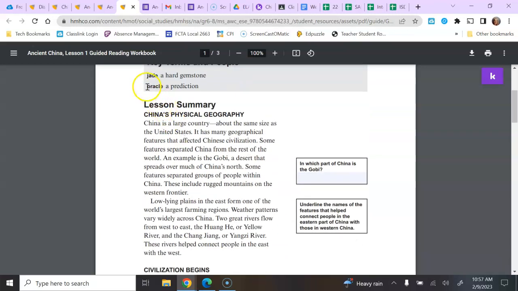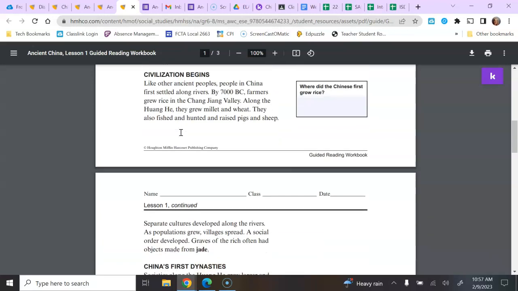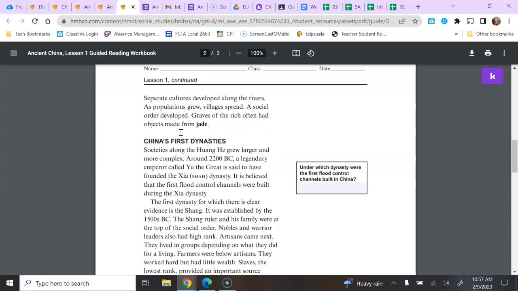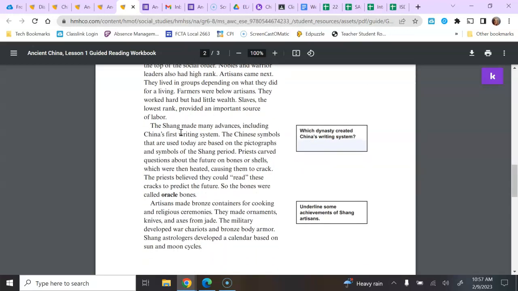And let's see, so there's Oracle. Let's see if we can find the Oracle bones. Here we go. So I believe this would be page 72 in your workbook. The Shang made many advances, including China's first writing system. The Chinese symbols that are used today are based on the pictographs and symbols of the Shang period.